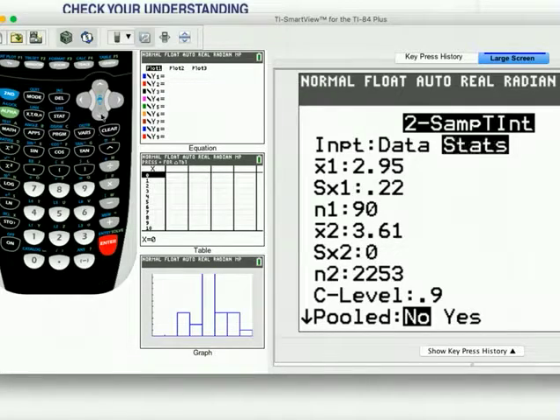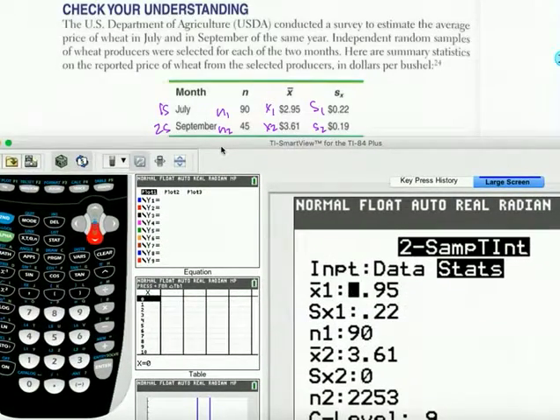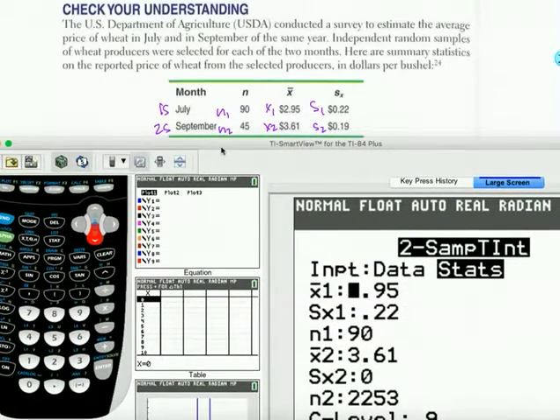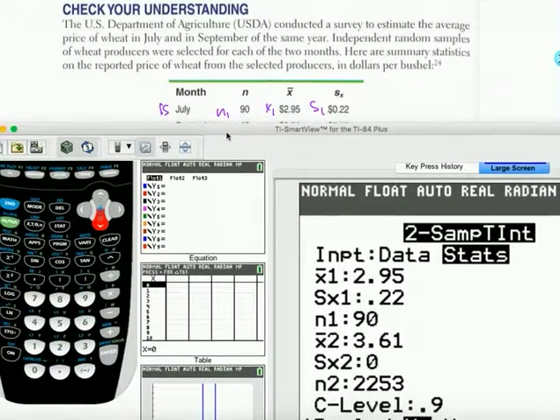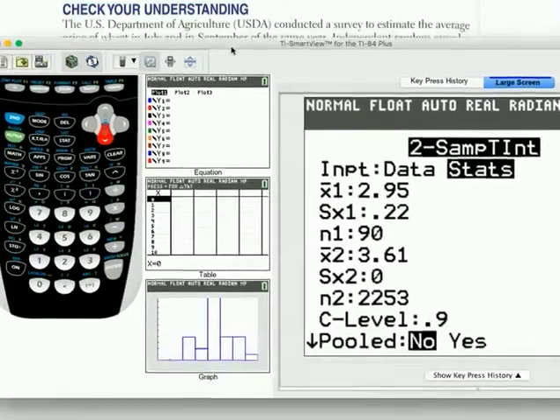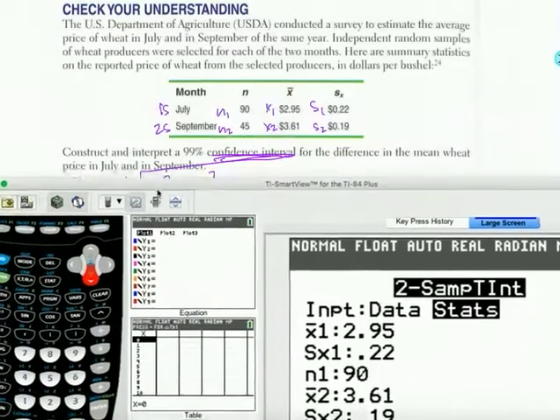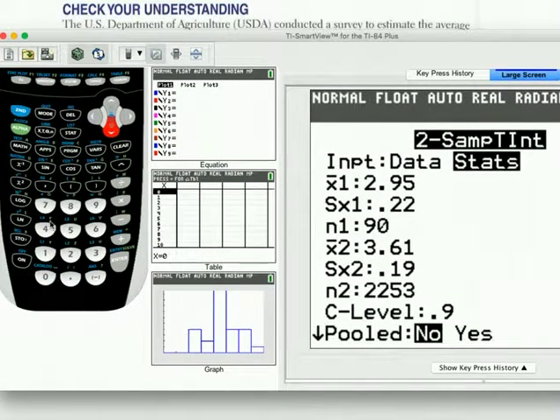So we use stats, and we're going to just plug in the stuff that we know. So we know x bar 1 is 2.95, we know s1 is 0.22, and n1 is 90. x bar 2 we know is 3.61, s2 is 0.19, and n2 is 45.